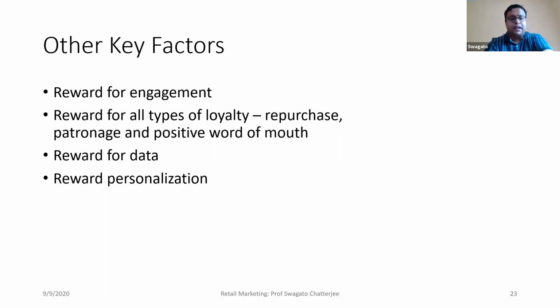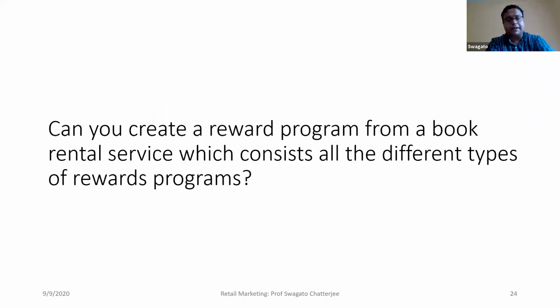And reward for personalization. If you give this kind of data, I will reward you with personalized products and personalized experiences. So that is also one key factor that reward managers should keep in mind when they are talking about value creation for the customers.